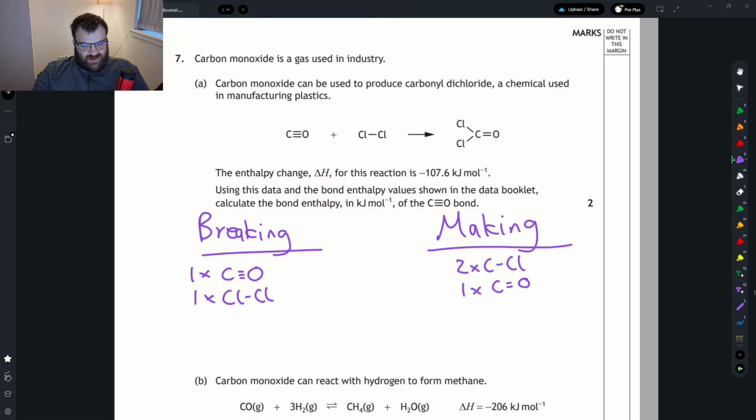Now, this question is a little bit different to the kind of standard question because we are told the overall change and asked to work out the value of one of the particular bonds. Setup's the same, it's just that in this one here, we don't know what that is, so we're going to work it out. We should be able to get the other ones in the data booklet.